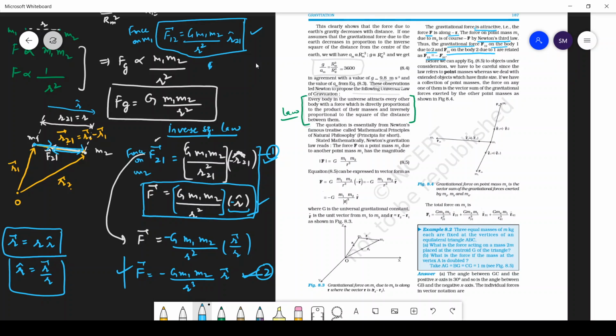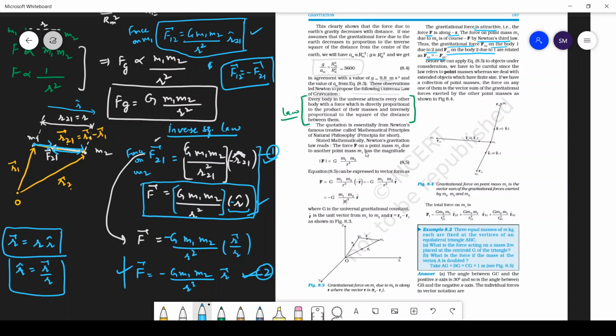Of course this is in this direction, so they are in the same direction here, and here they are in opposite direction. So putting the value of F12 here, that's negative. So F12 is equal to minus F21. So by Newton's third law, forces are equal and opposite.